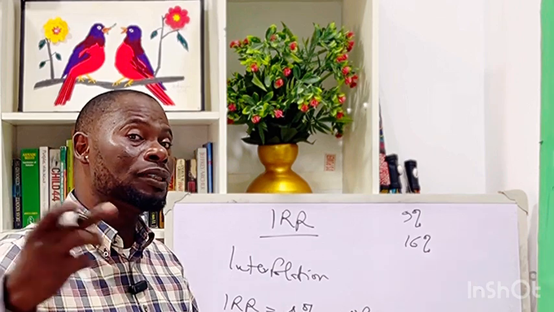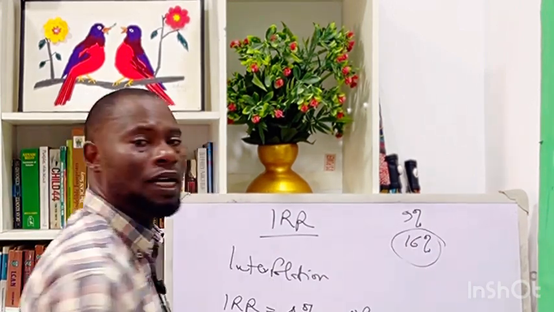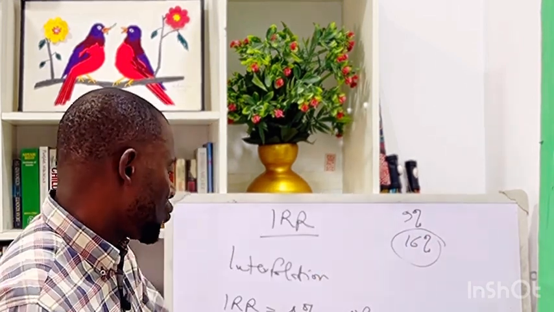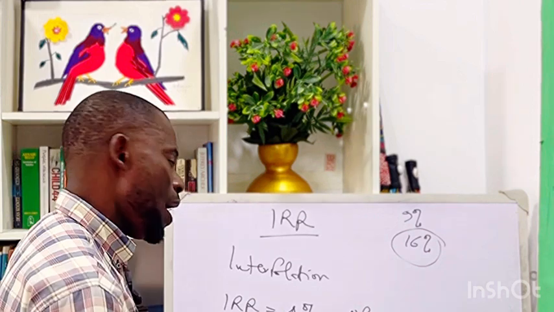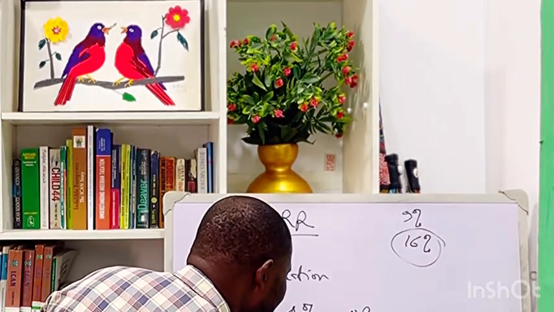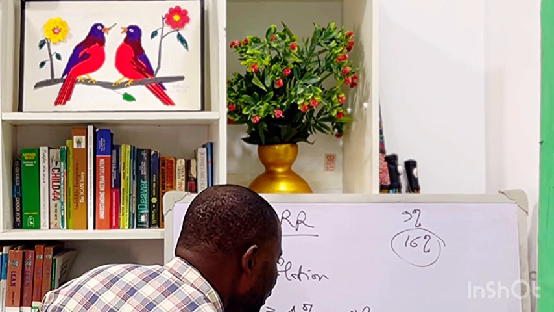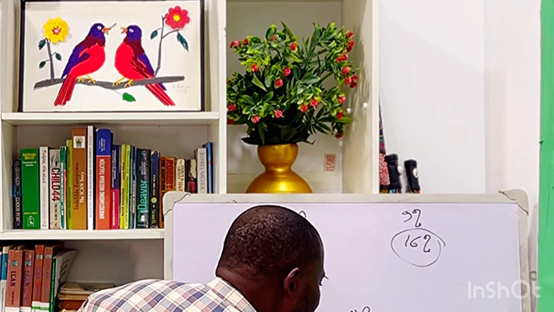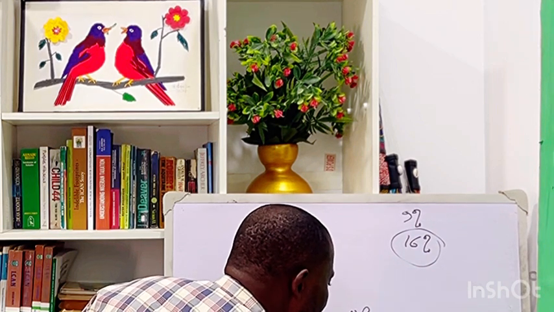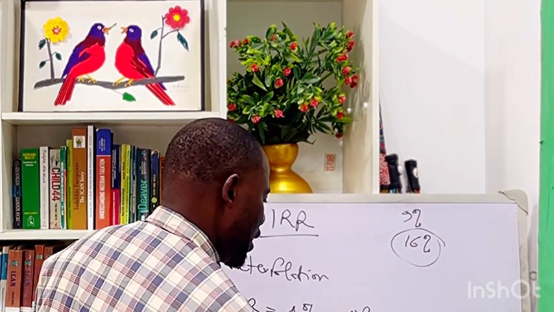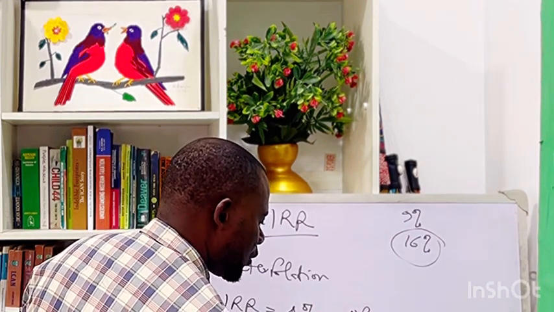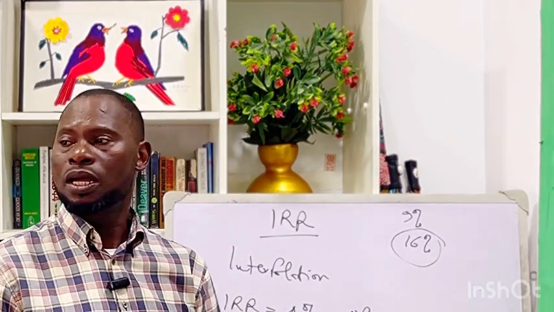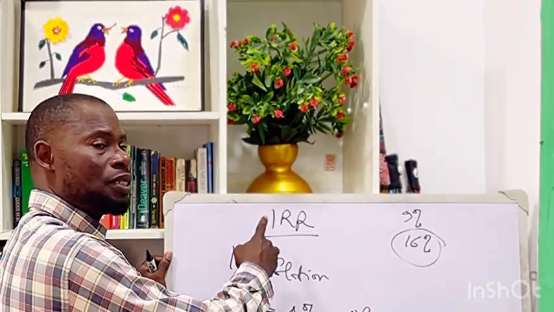It is the NPV of your second trial using the second cost of capital that gave you a negative NPV. That value is what we call the NPV B. And following the rules of mathematics, don't forget that when we say NPV A minus a negative NPV B, you know that this minus will give us a plus. Don't forget that. Now let's look at a question to illustrate the internal rate of return.